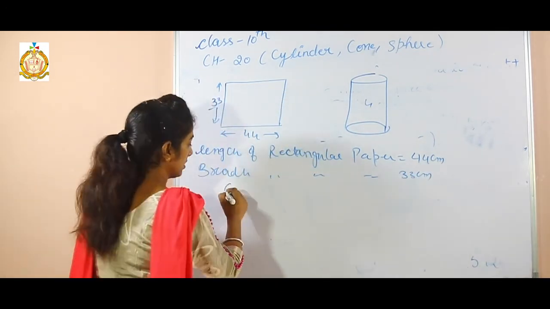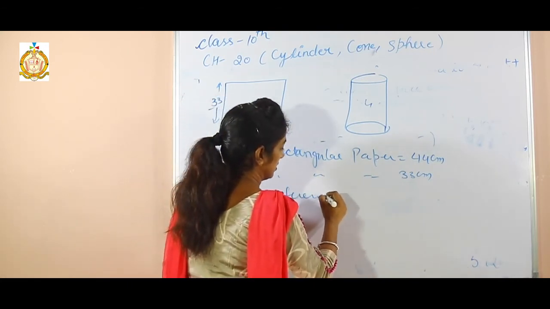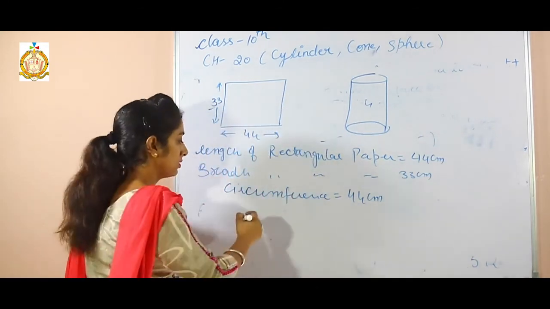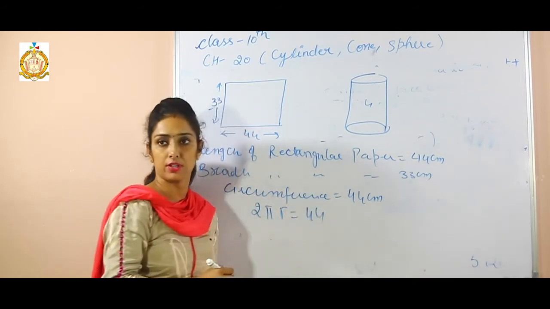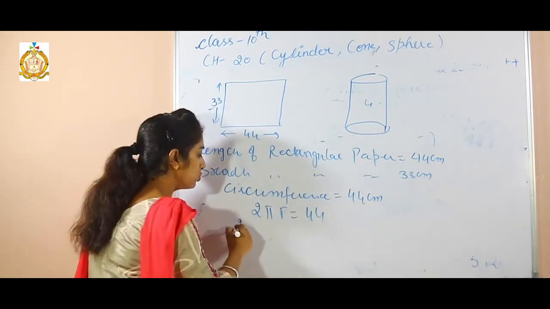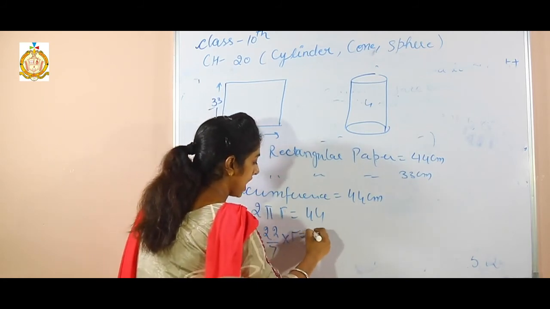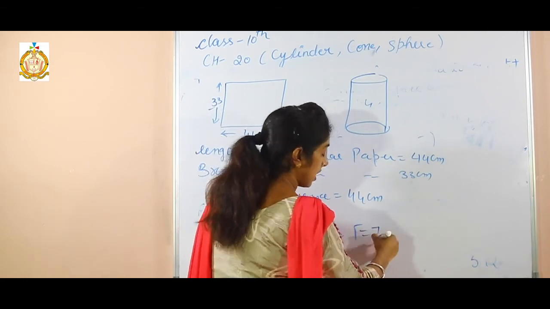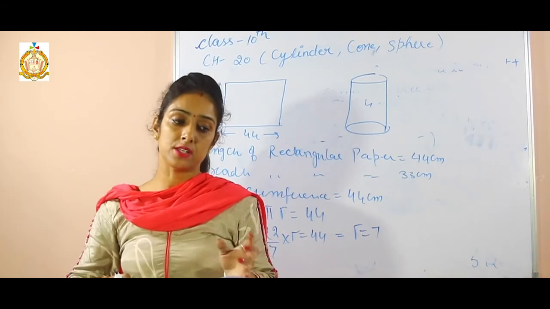Now 44 centimeter is the circumference. Now circumference is 2 pi r, which is 44. Now 2 multiply 22 by 7 into r is 44, and we get the value of r is 7.